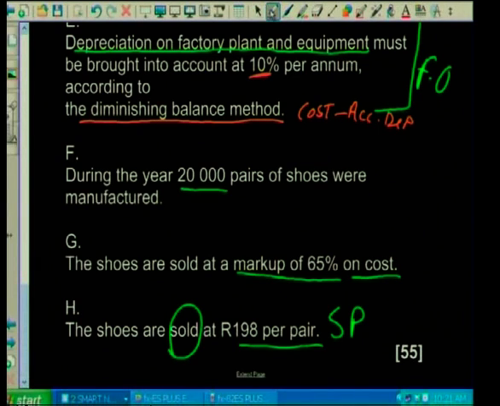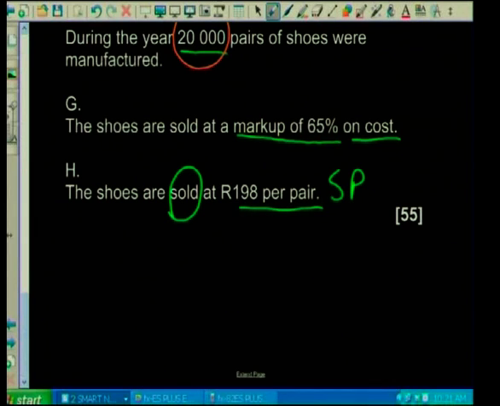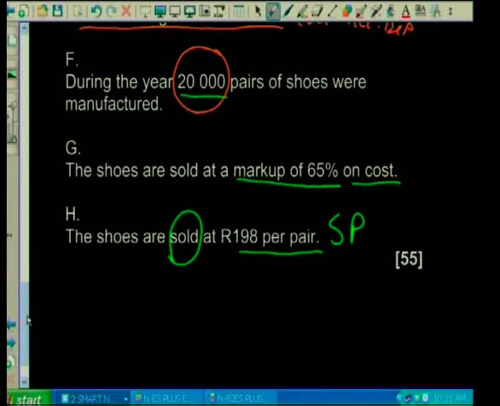The shoes are sold at a markup of 65% on cost, and the shoes are sold at 198 Rand per pair.